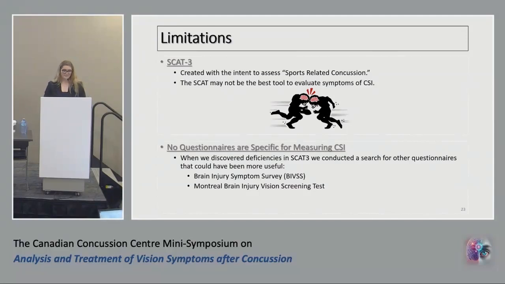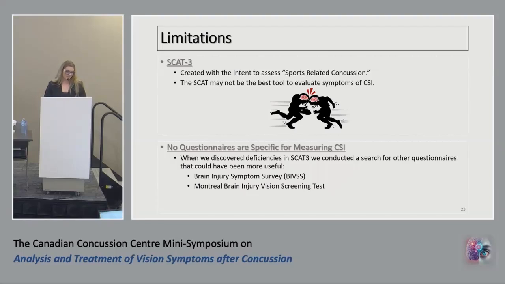The SCAT may have some symptoms that are not relevant to the methodology of our study, and so therefore the reason we may not have gotten significant results is due to the symptoms that we were evaluating. But unfortunately, there are no questionnaires specific to measuring symptoms of computer screen intolerance.